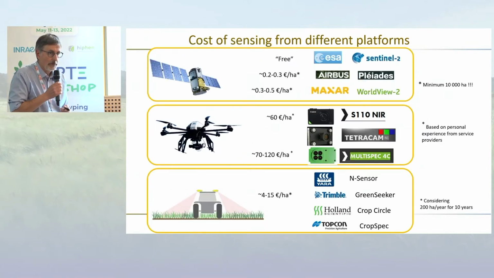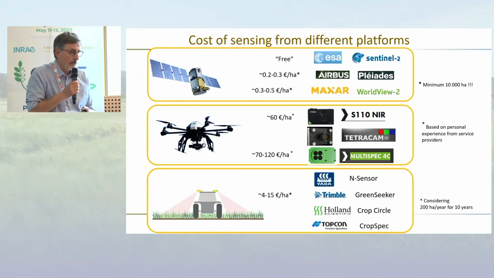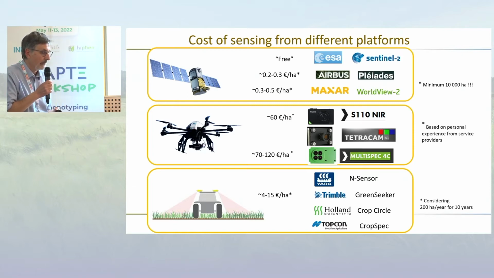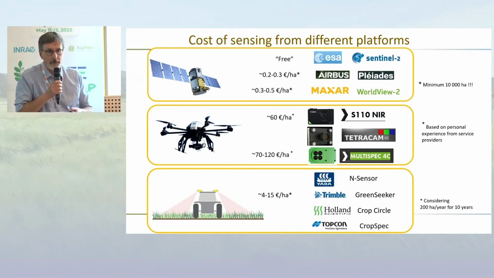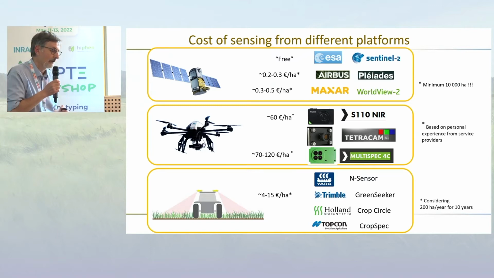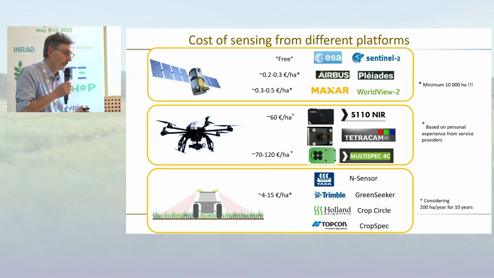And another aspect, of course, in precision agriculture is the cost, because everything has to be applied, so it must be cost effective. This is more or less an idea of what could be the cost per hectare using the different platforms, based on some personal surveys that I did and some personal experience, for example, with drones.